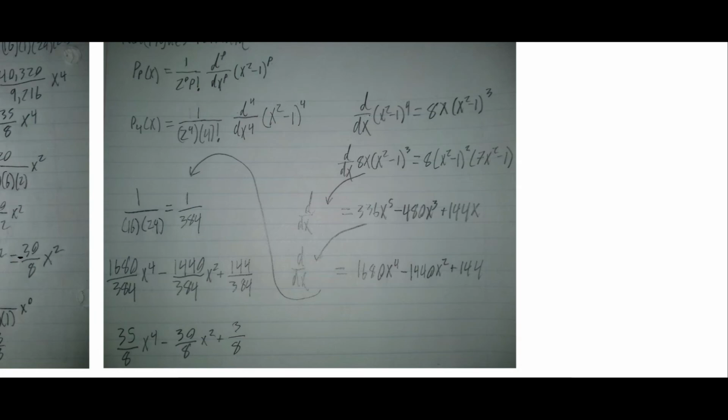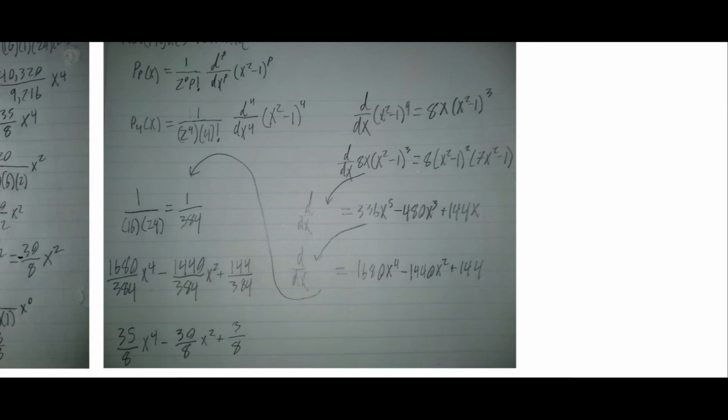Here I just did the first derivative of x squared minus 1 to the fourth, which gives us 8x times x squared minus 1 to the third. Then I took the derivative of that to give us the second derivative, which gave us 8 times x squared minus 1 squared times 7x squared minus 1.